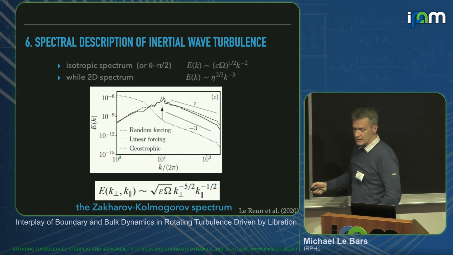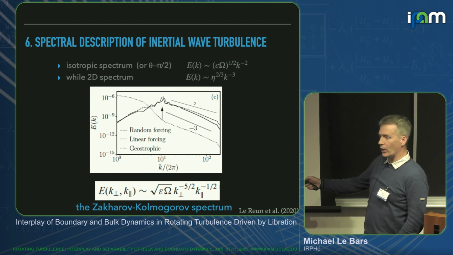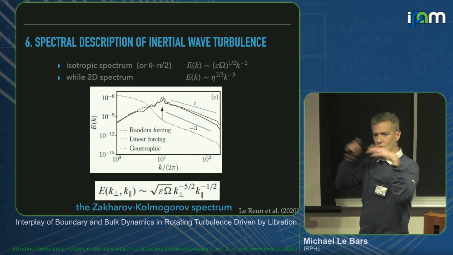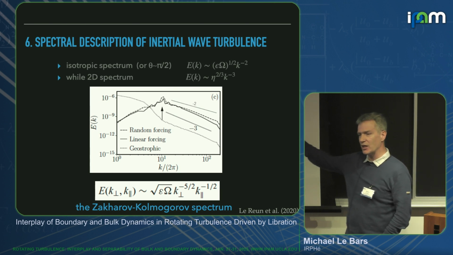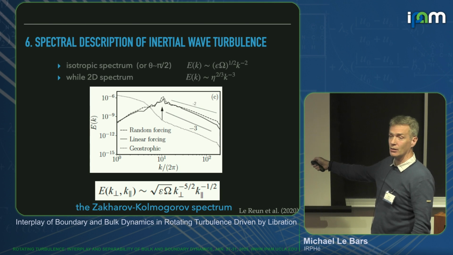One key point here is that if you consider this spectrum in an isotropic way, so you forget that you have two different wave numbers in the two directions and just mix them together, you end up with a k to the minus 2 isotropic spectrum. And you remember that the classical 2D spectrum for the direct cascade of enstrophy is k to the minus 3.